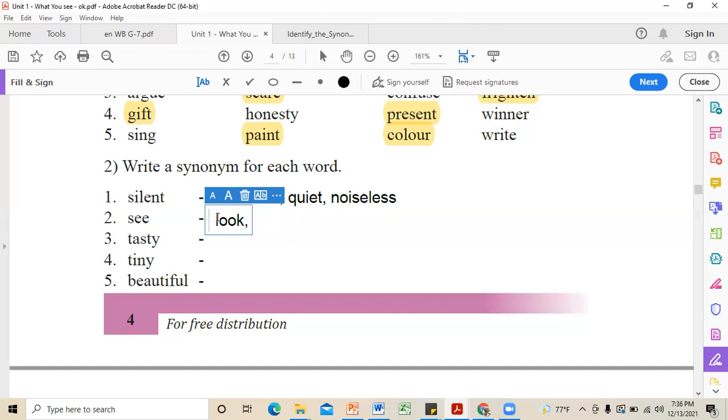So these synonyms, as I said, may not be giving us the exact meaning, but yes, somewhat similar, right? So it may not be the exact equal, but it can be used interchangeably, right? So maybe one or two other words can you think of?